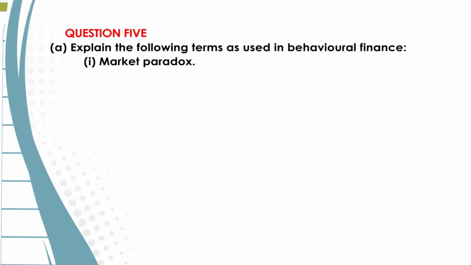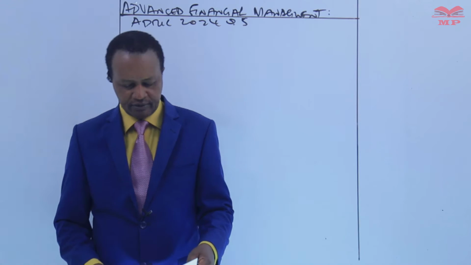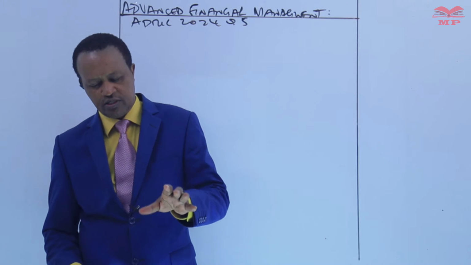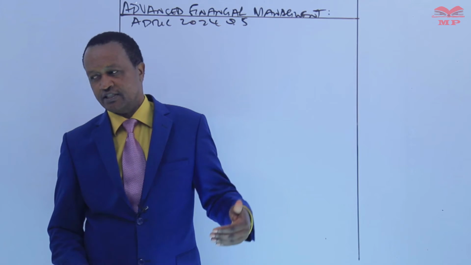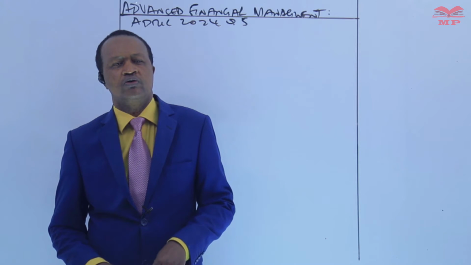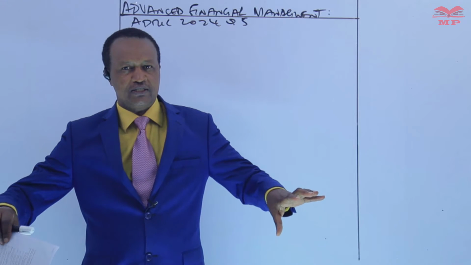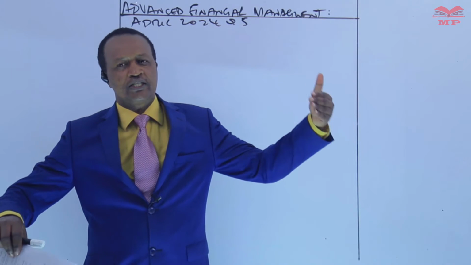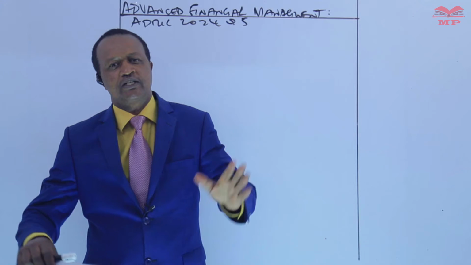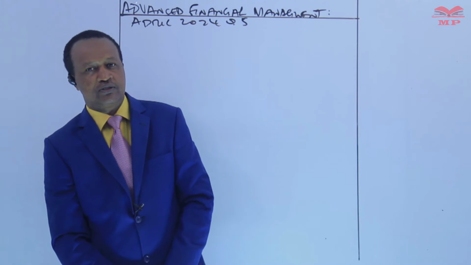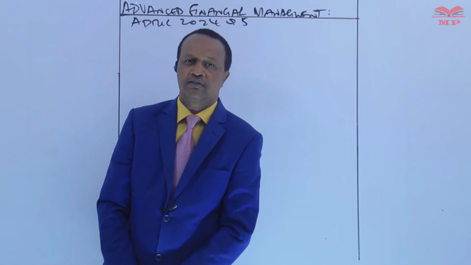Market paradox. Candidates, it refers to a situation where the behavior of investors or the overall market appears to contradict the rational expectations or the fundamental economic principles. You understand?